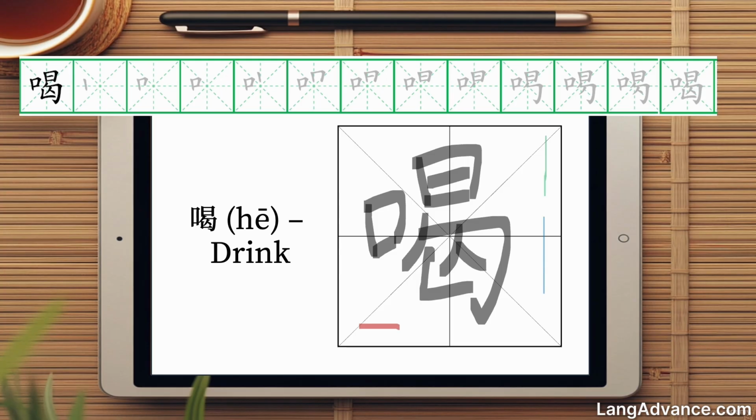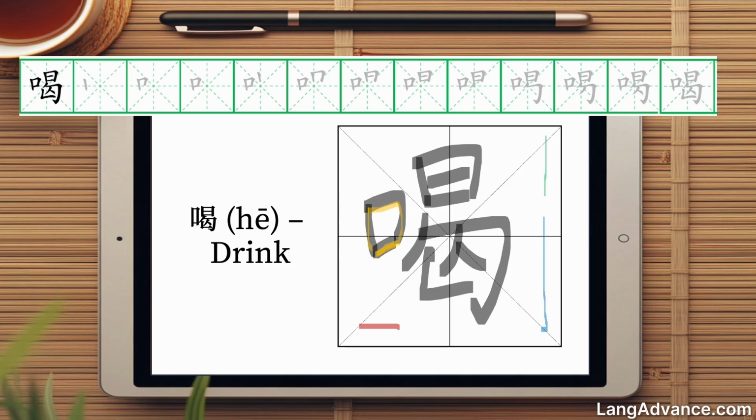So don't worry. Let's see how we write this word step by step. We have the 口, right? Just create that box. It's always going to be the 1/3 on the left.